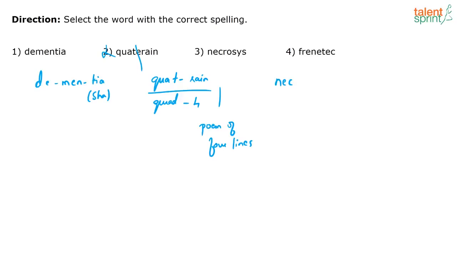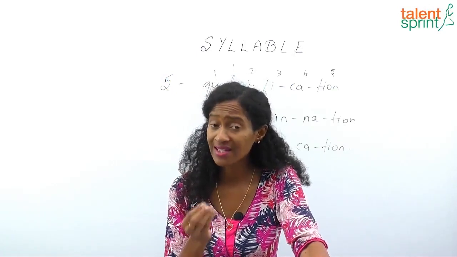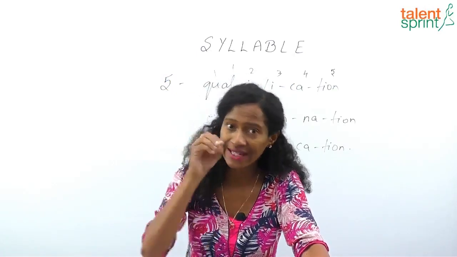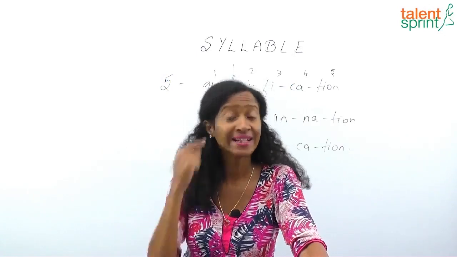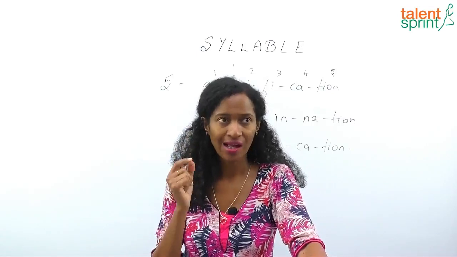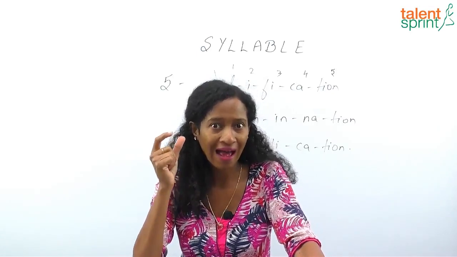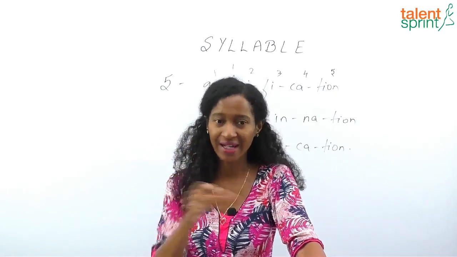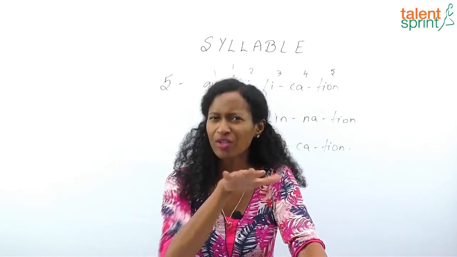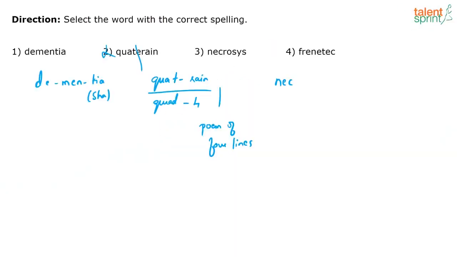And one important thing, guys: when I say one vowel sound, it doesn't necessarily mean that you will find A-E-I-O-U in those syllables. It can have the sound. Remember in the beginning, that's why I differentiated the sound. A, apple, a. If there is the sound of a, that's one vowel sound, right? And one of the examples one of you gave me had no vowel, but it had the vowel sound.